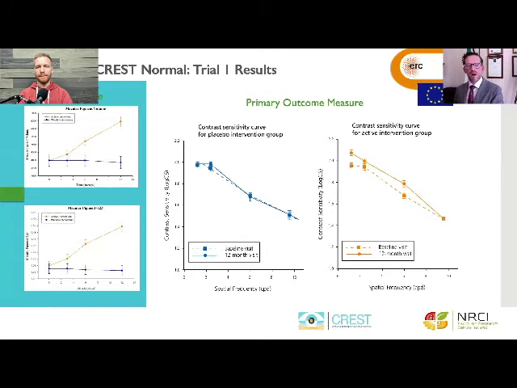The statistical models that we build, we call it, in this case, repeated measures analysis. And we say in that analysis, is there a change in macular pigment over time? That's the first question. And as you can see visually here, that's absolutely the case for the active group. But built into that statistical model is, is that change over time significantly different to what happened to placebo over the same time? Right.